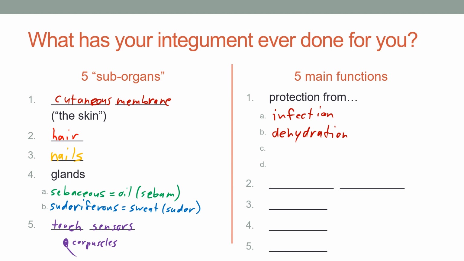So in order for our ancestors who someday became reptiles, birds, and mammals to be able to live completely away from water, they had to develop a keratinized cutaneous membrane, something that would lock in moisture and lock out the dry air.